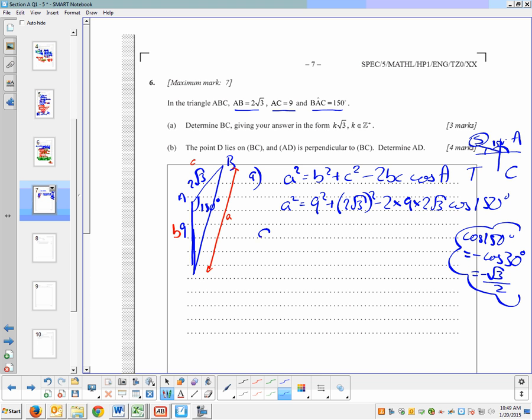So that's going to give me that a squared is equal to 81 plus 2 root 3 squared, which is 12, minus 2 times 9, so that's times 2, 18, so that's 36 root 3 times root 3 over 2, and that's negative, so that's positive there.